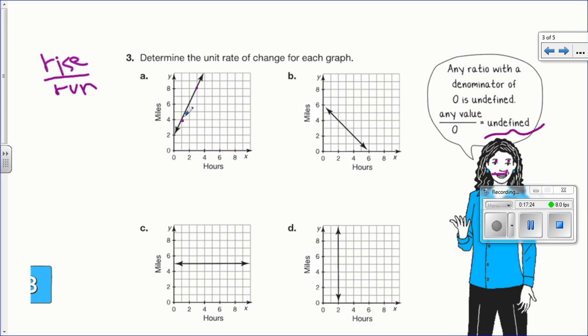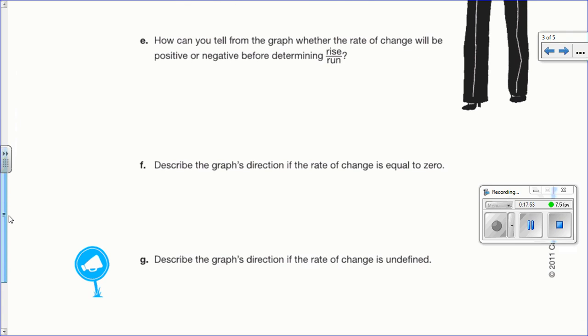My rise up would be 1, 2, 3, 4, and my run would be, we're counting by ones, 2. So 4 over 2, or 2 over 1 if I wanted a unit rate, but it doesn't say. Oh, it does say that. Sweet. Okay, do the unit rate. Find it and then simplify, which means it has to go over 1. Now work on B, C, D, E, F, G.